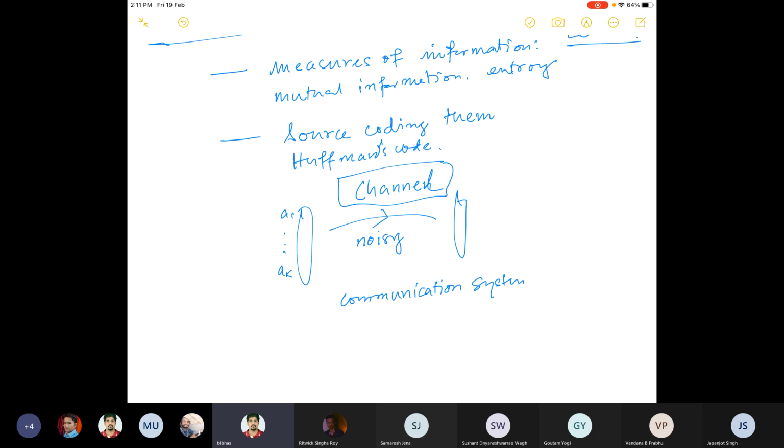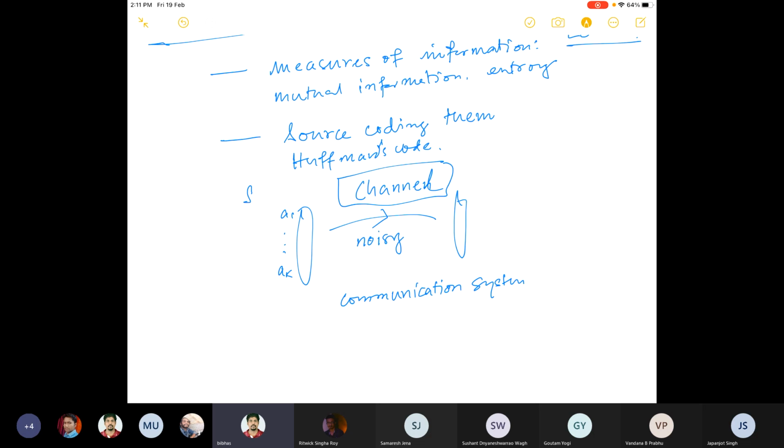If you consider space also an alphabet, it is a sequence of letters. When we are transmitting this, the channel is noisy, but we want to transmit this reliably. We want a reliable communication system, meaning whatever we wanted to send through this channel, the same message has to be received by the receiver.